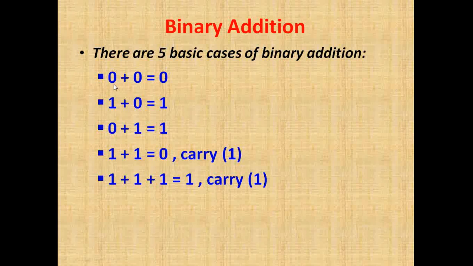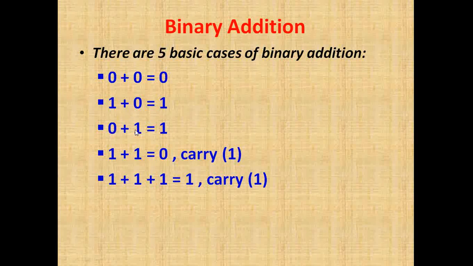The first case is 0 plus 0 gives you 0. That means if we add two binary digits 0 and 0, then we get 0. If we have 1 plus 0, that gives you 1.